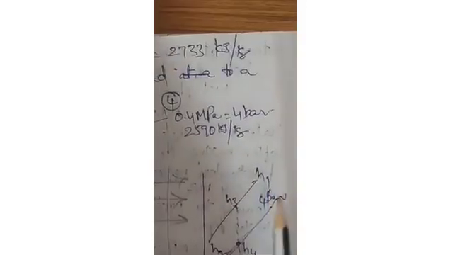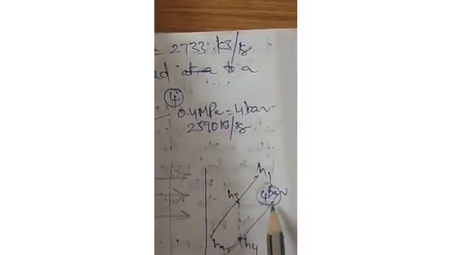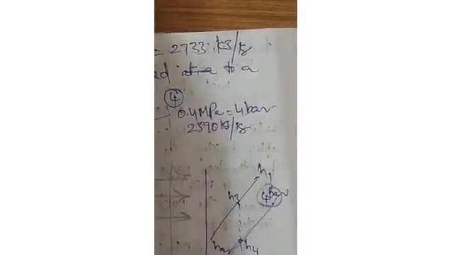Now from H3, if you draw a vertical line, that represents the isentropic expansion in the nozzle. While expanding like this, we can see where that is cutting the 4 bar pressure, because they have given that after expansion the pressure is 4 bar.